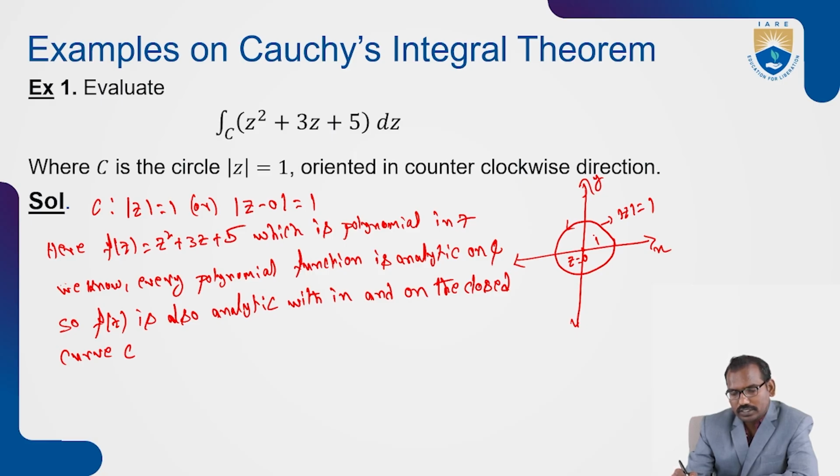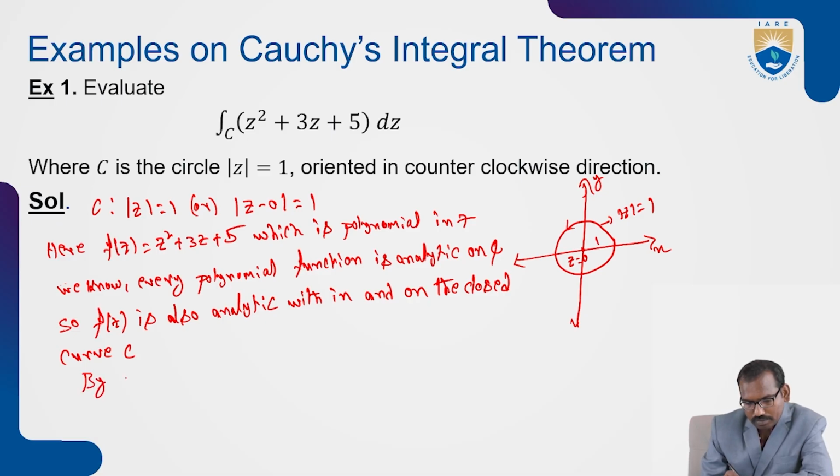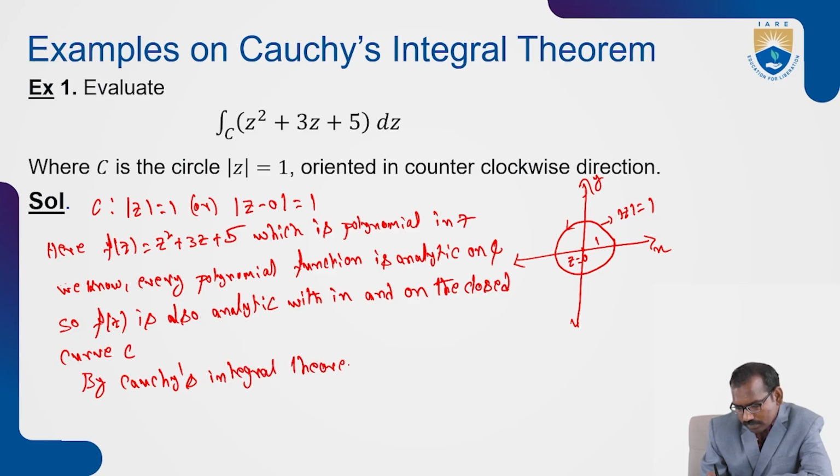And our function is analytic within and on the boundary, so by Cauchy Integral Theorem, we have the integral of f(z) dz along the closed path C is equal to 0.